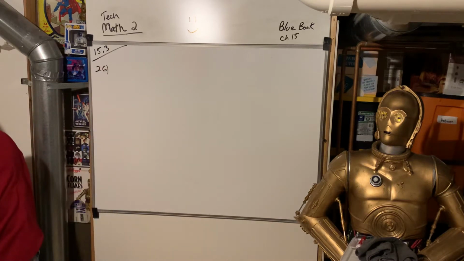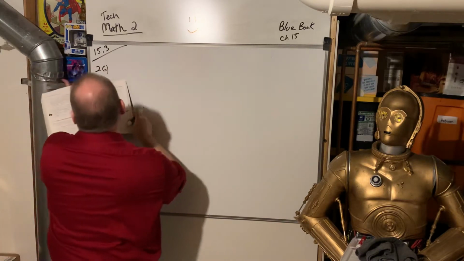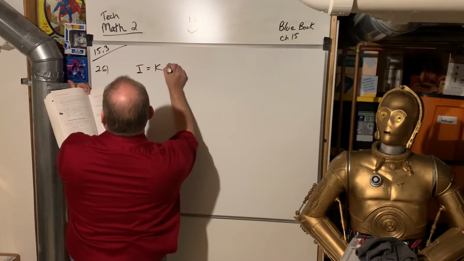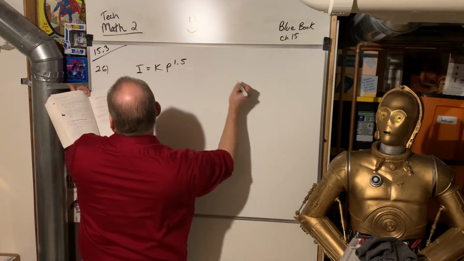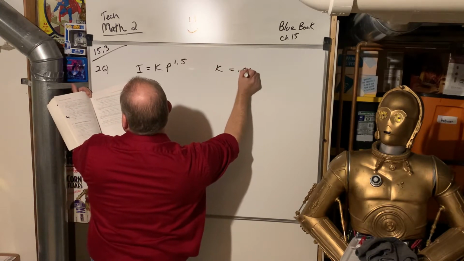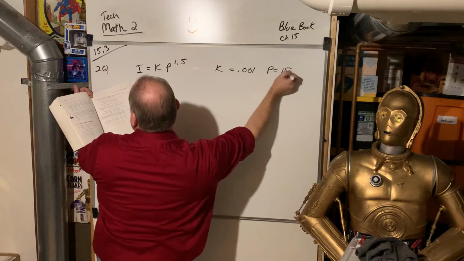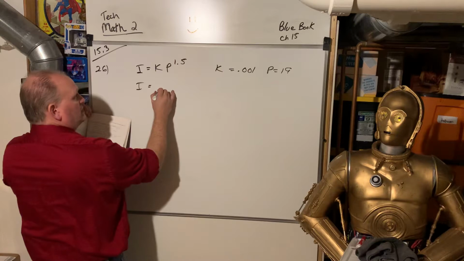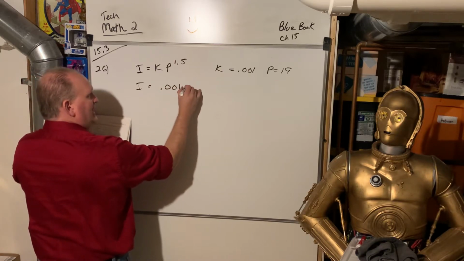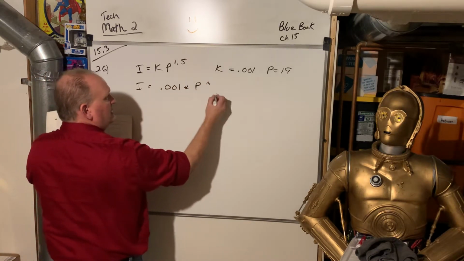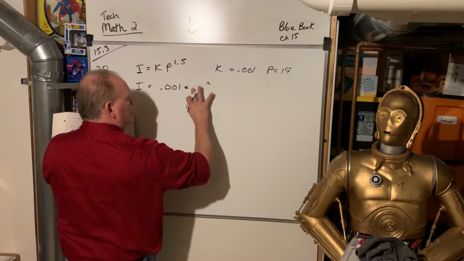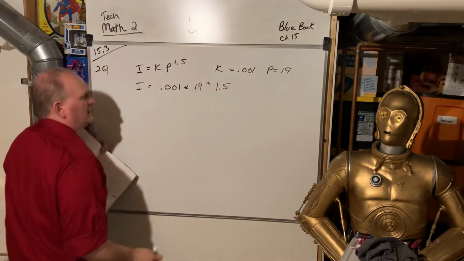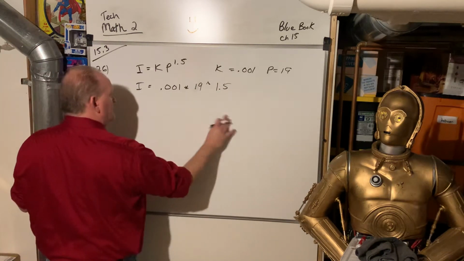And so they give you a formula, and then they give you, so they said I is equal to K P to the 1.5, but then they tell you K is 0.001, P is 19. Okay, so you do I is equal to 0.001 times P to the, P is 19 though. So times 19 to the 1.5 power. And you just type that all in your calculator, all in one shot.